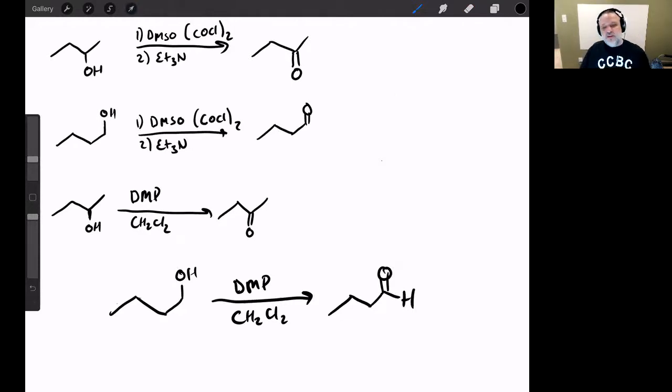And so at the end of the day, these are the first introductions to some oxidizing agents. Certainly PCC with pyridine, PCC in the presence of CH2Cl2, along with sodium dichromate and sulfuric acid to make chromic acid, are going to be common oxidizing agents.